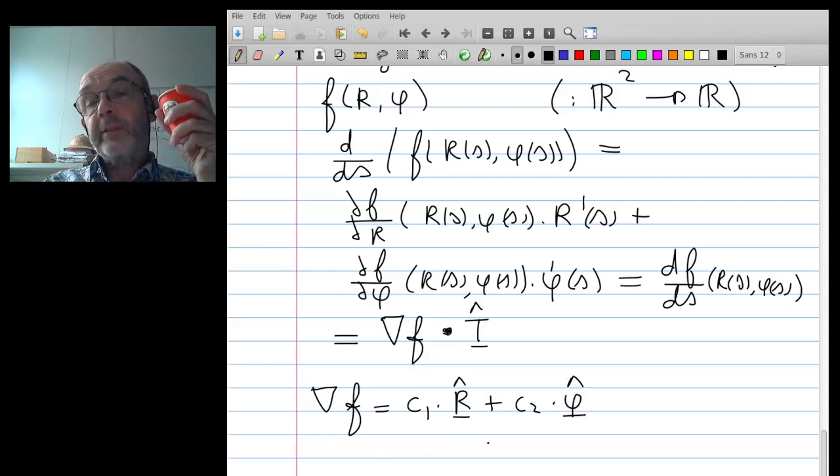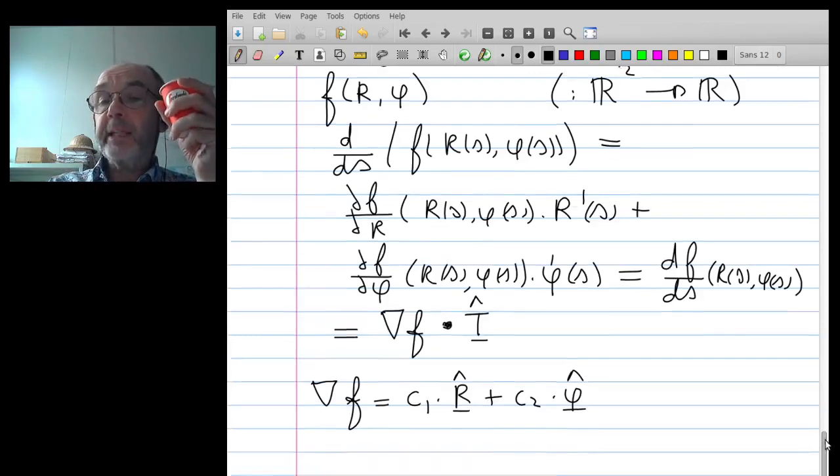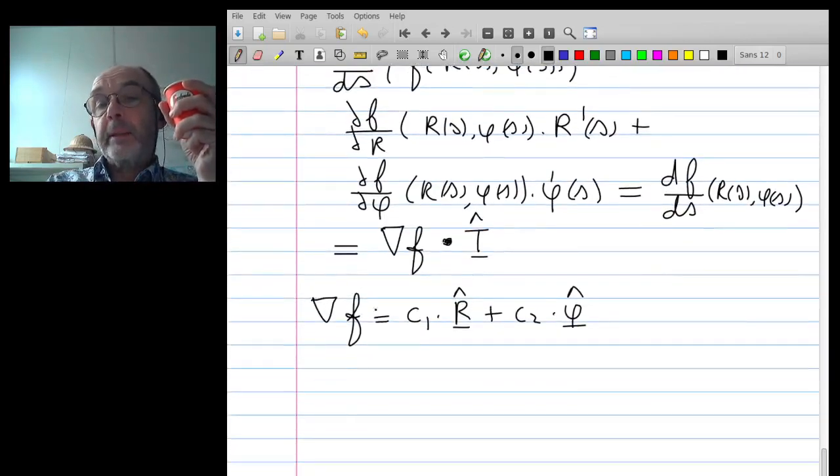My gradient is some vector in R2, so I can try to rewrite it as a combination of the unit vector of r and the unit vector of phi.